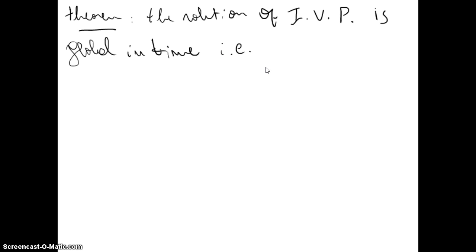That is to say, we have that T is equal to infinity.